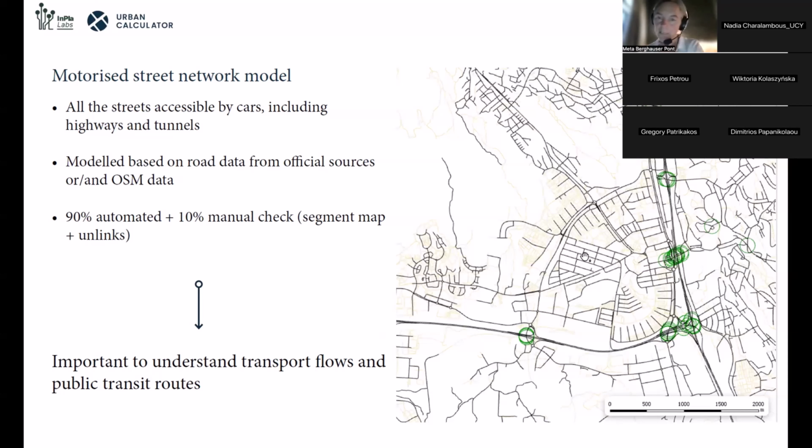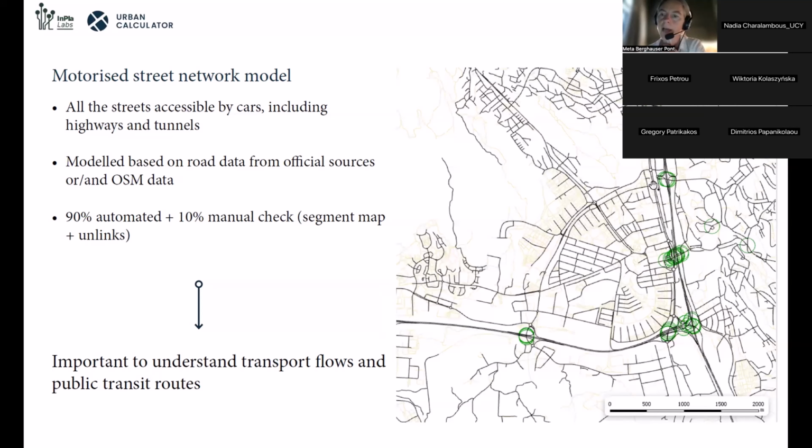And you see here in black for Gothenburg is what we call the motorized network model. And then you see the yellow lines, that is the non-motorized. So if you open the motorized, you can also show the non-motorized in a lighter color. You also see all these green circles.